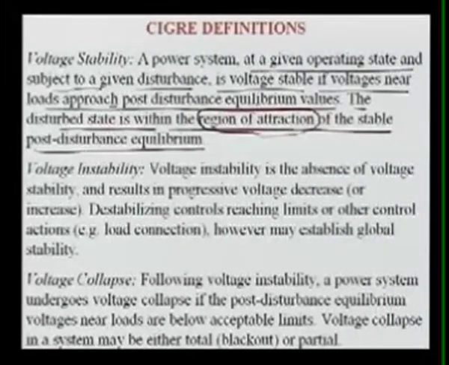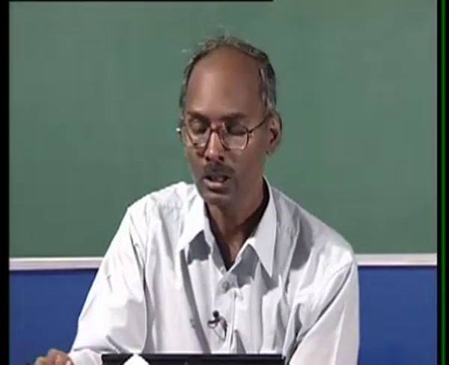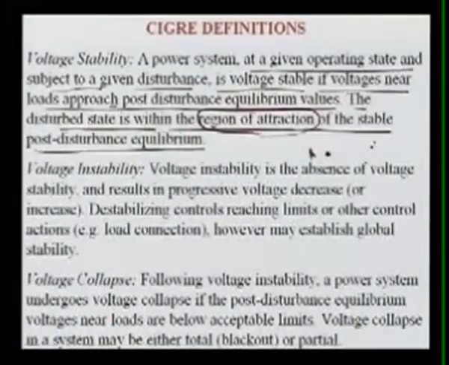Equilibrium, already I have explained this, what is the equilibrium. Equilibrium means your power system, if it is operating here, that is a point, it is your stable equilibrium, means where we are having the steady state operation. If after the disturbance, here B, if your system is also stable, if you are changing slowly from A to B, means you can get another operating state where the system is operating.